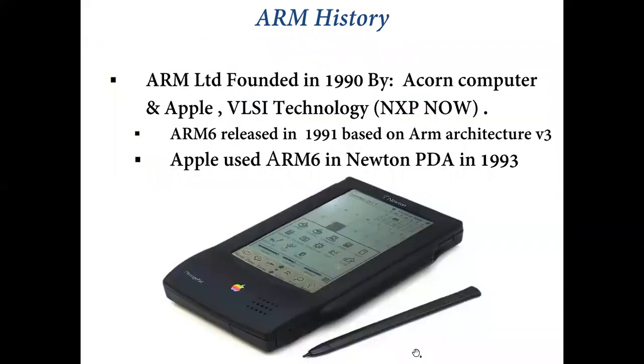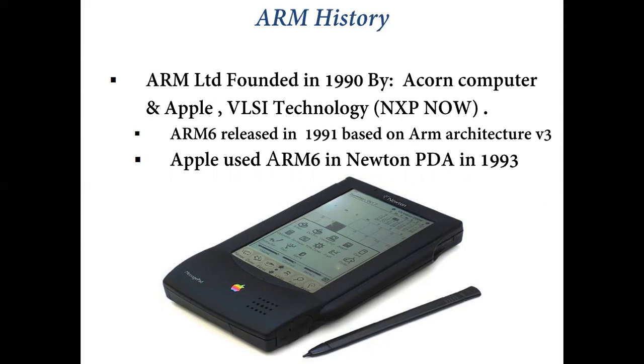And next, this is the ARM which is used by Acorn Computers and Apple, right? Apple developed a small handheld device called a PDA, Personal Digital Assistant, in 1993. It has a small stick; it is not touch screen technology, but something like a screen that can be touched using an electronic pen.